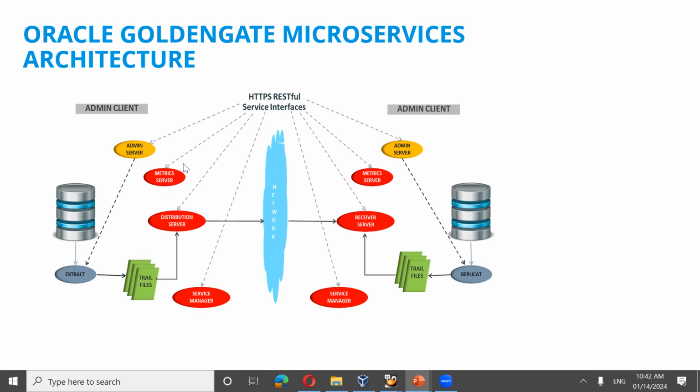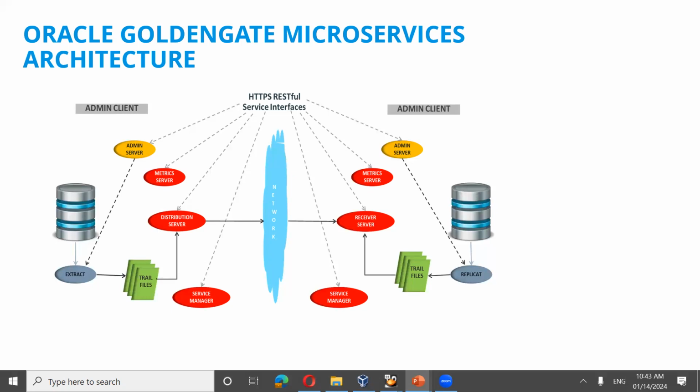In microservices, you have different services running, like administration server, performance metrics server, and distribution server. They are all managed under a service manager. Under the service manager, you configure or manage different services like administration server, performance metric server, distribution server, as well as receiver server.